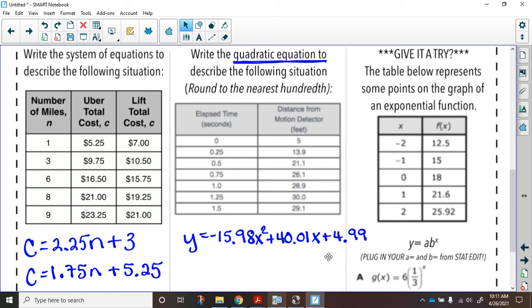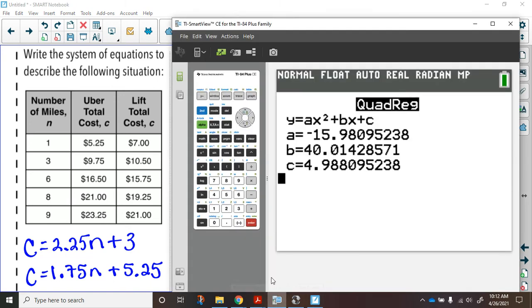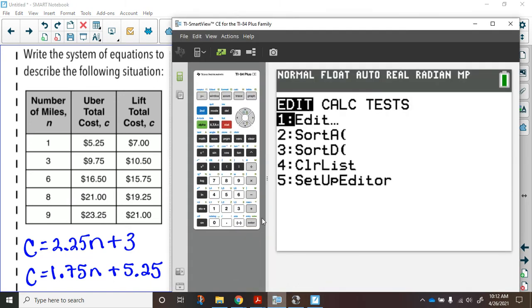Alright, and so the last one, this one is kind of just like a bonus. We're going to go over it anyway. But we need to write an exponential function based on the data. We're still going to use StatEdit. So we have StatEdit.